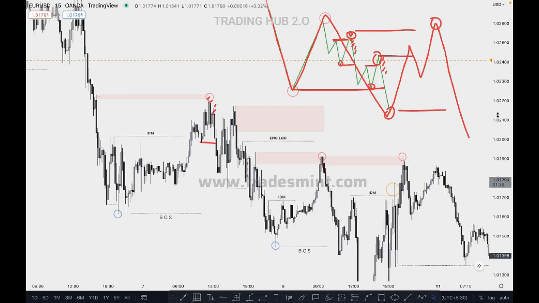Okay, so now let me put it all together, showing how we can use these time frames from higher time frame to lower time frame. Let me switch into the real chart to show you exactly how you can take trades.